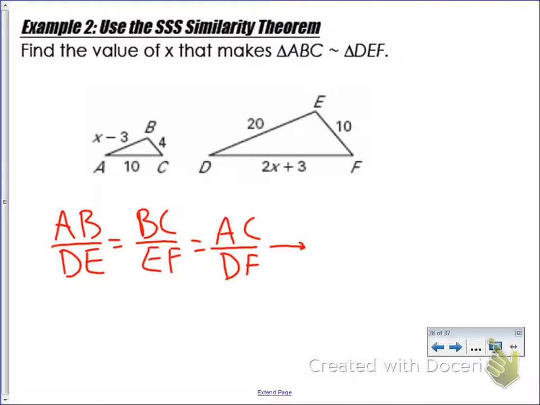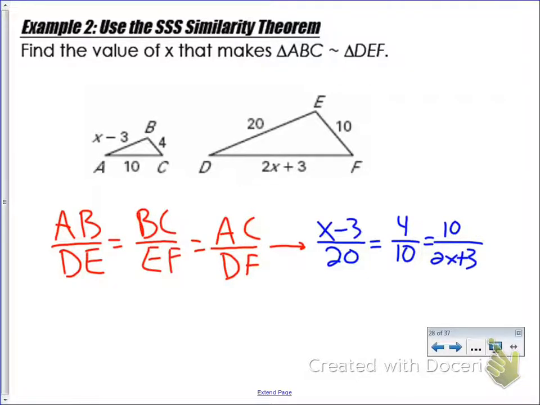So AB on my triangle is x minus 3 over DE, which is 20, equals BC, which is 4, over EF, which is 10. And that's going to be equal to AC, which is 10, over DF, which is 2x plus 3.